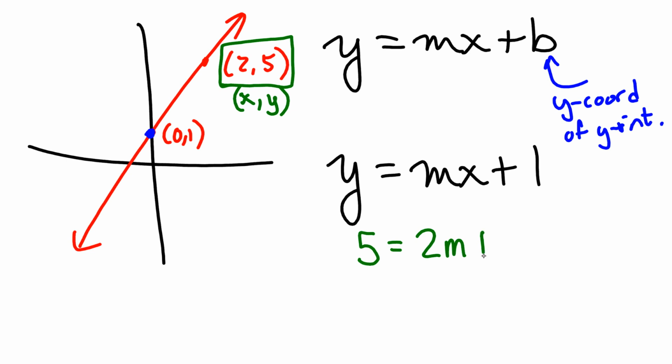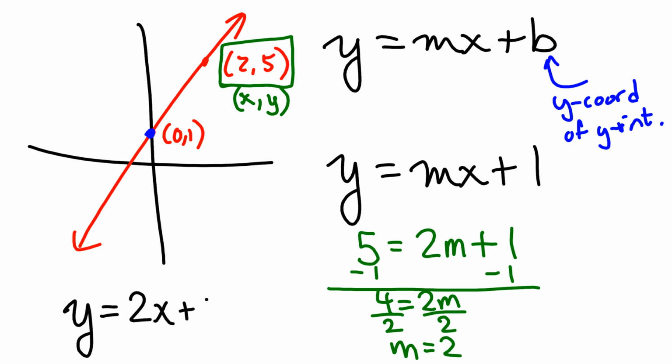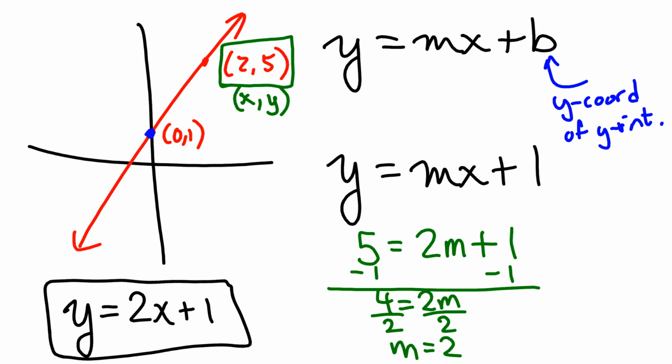We can figure out what m is using all the algebra we've done before. We can subtract 1 from both sides and divide by 2. We can figure out that m is 2. And so the equation of this line is y equals 2x plus 1, right? This is old stuff we know from high school.